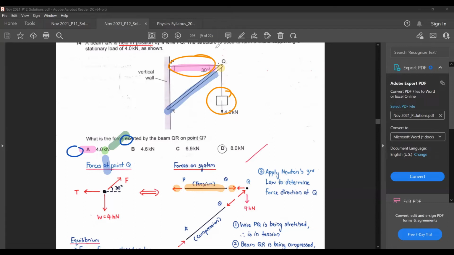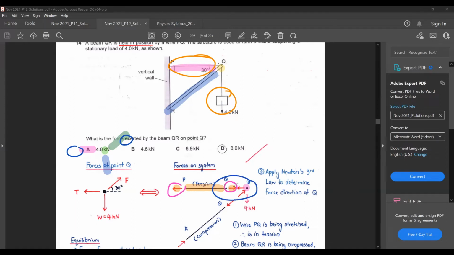Now you apply Newton's third law for the wire and point Q. There are actually two objects here: this is the wire PQ, this is your point Q. Point Q is interacting with the wire, and the wire is also interacting with point Q. Since the wire is under tension like this, the force on the wire will be these two. But specifically, I want to look at the interaction between point Q and the wire.